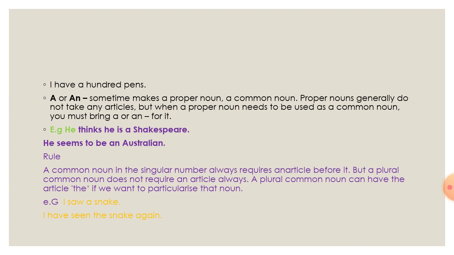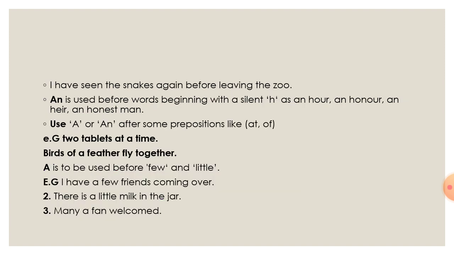Second example is: I have seen the snake again. Here it refers to the snake I have already seen earlier. Next example is: I have seen the snakes again before leaving the zoo. Here it refers to the particular snakes of the zoo which I saw earlier.